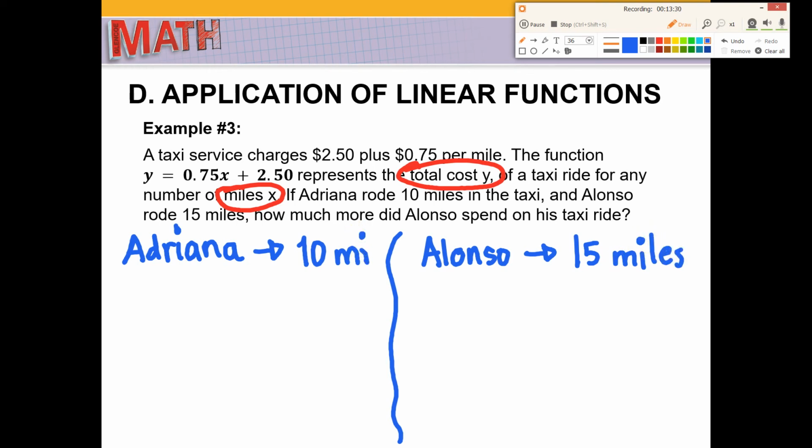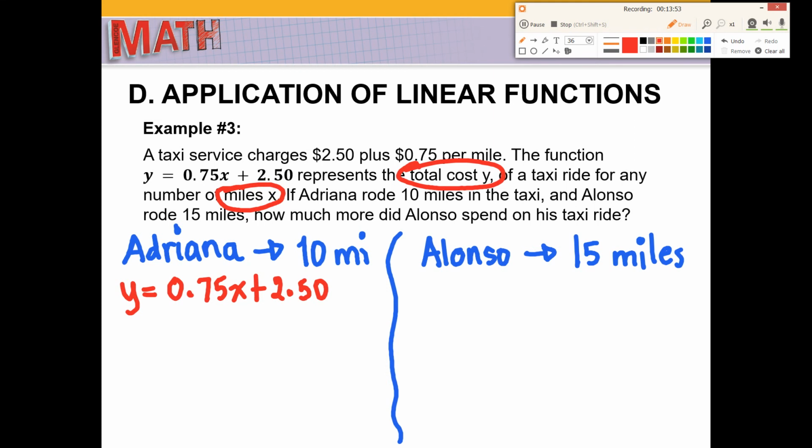Okay, now we have our equation, and that is y equals 0.75x plus 2.50. Now, we know that the miles is pertaining to x.